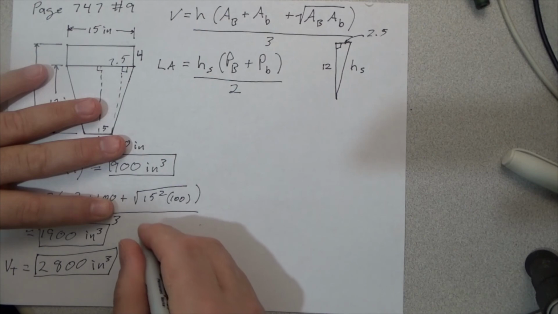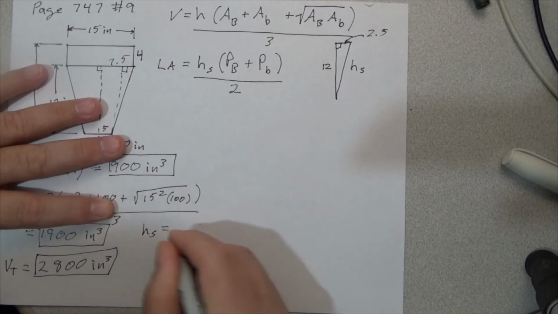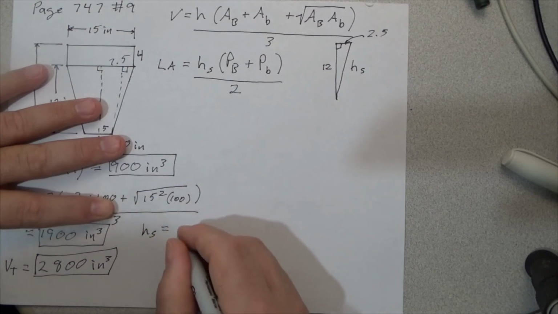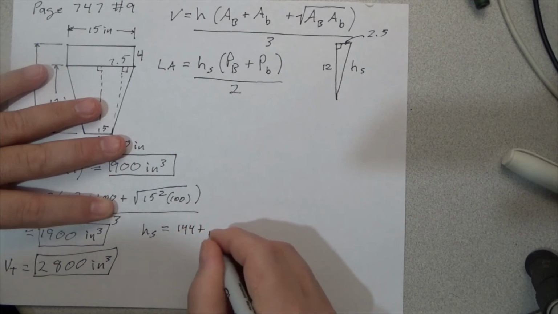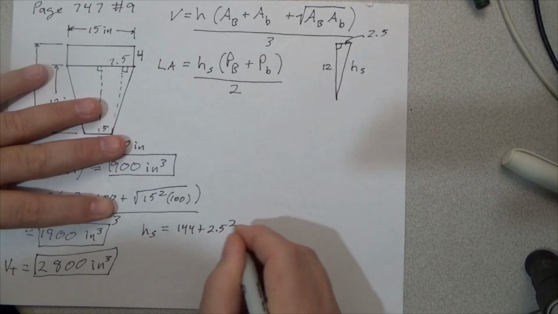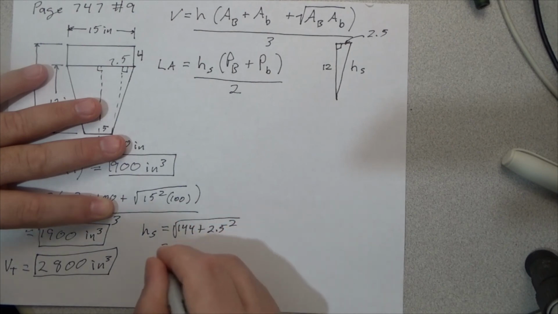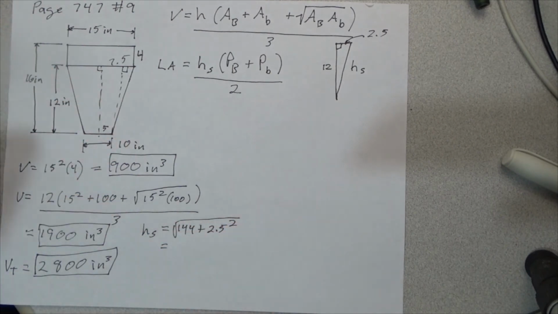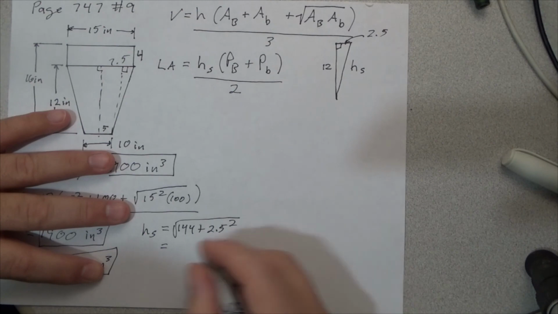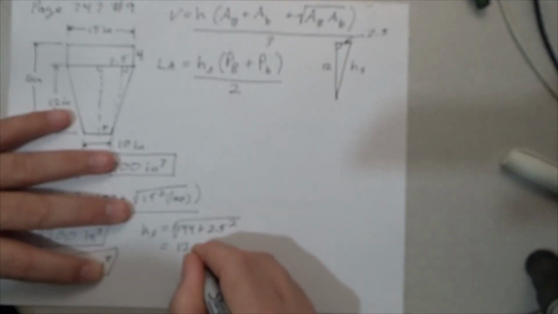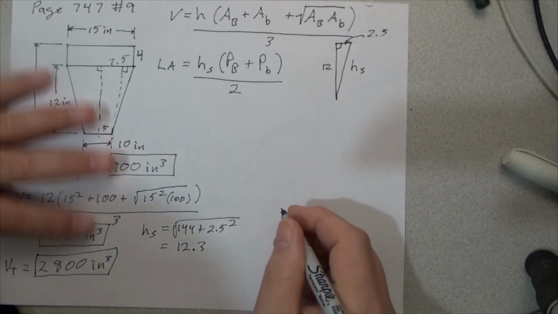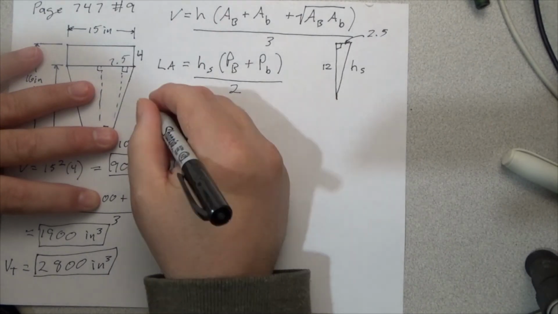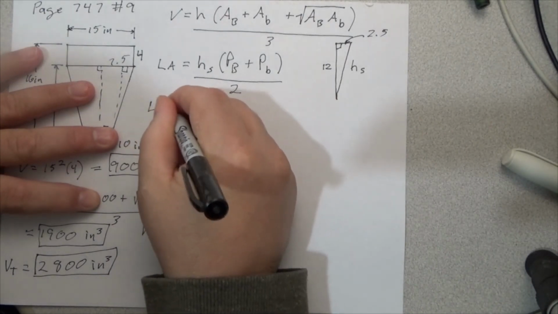So we've got the slant height is equal to the square root of 144 plus 2.5 squared. So that is 12.3.